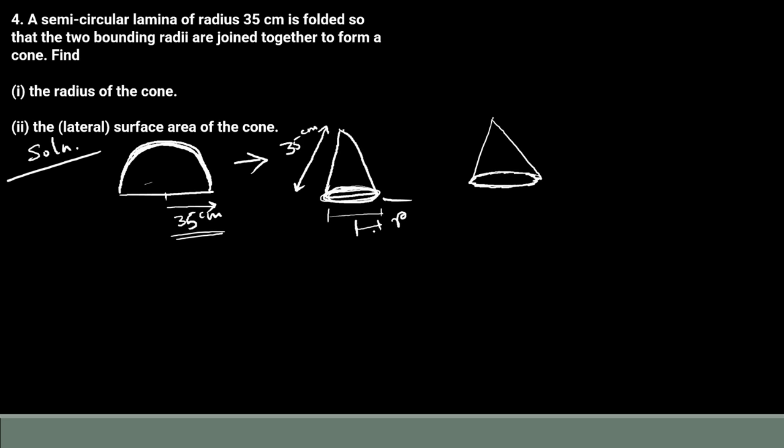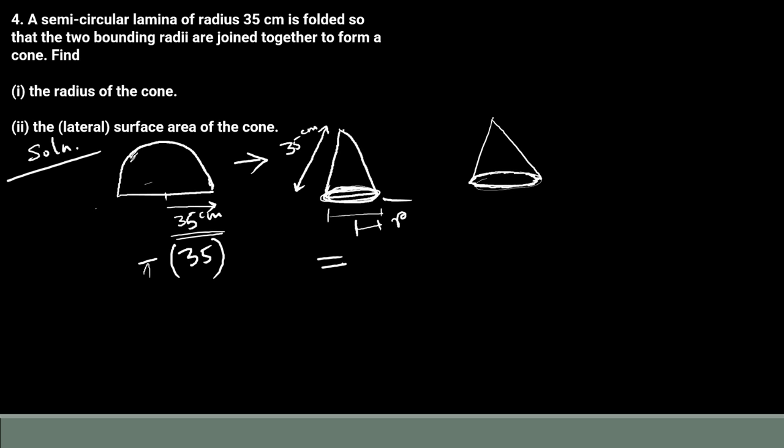Since this circumference of the base of the cone is equal to this arc, what is this arc? This will be 2 pi r divided by 2, right? Because it's a semicircle. So basically this part is pi r. If it's a complete circle, then what's the circumference? 2 pi r, right? But if it's a semicircle, it's pi r.